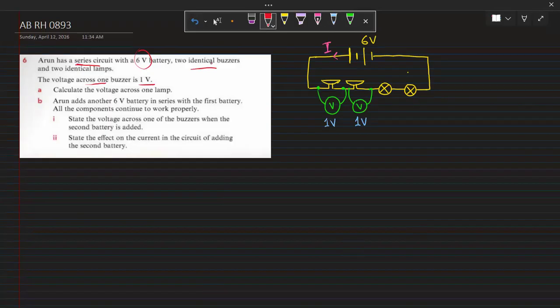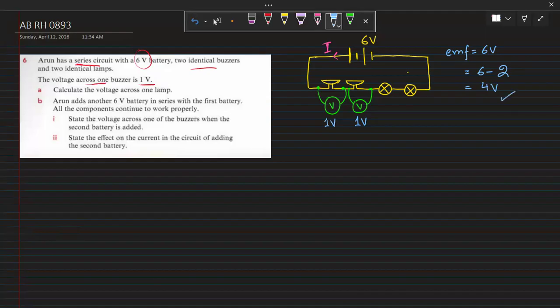Now we have EMF, which is the total voltage, 6 volt. Out of 6, 2 volts are dropped across the two identical buzzers. So we now have 4 volts to drop across two identical lamps.